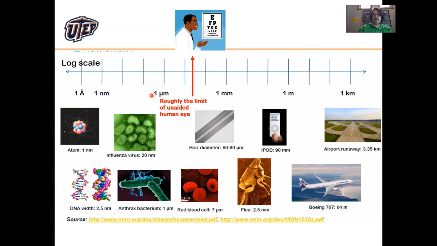Other people will blatantly attest that the mesoscale is between 1 nanometer and 1 micron. But it's an in-between resolution. So meso means in between. We see some common things that we come across in our life, and this slide's a little bit dated. We have an iPod on here, so I'm a tad embarrassed. Maybe I should update it. But there are different scales, okay? So an airport runway can be on the kilometer range.